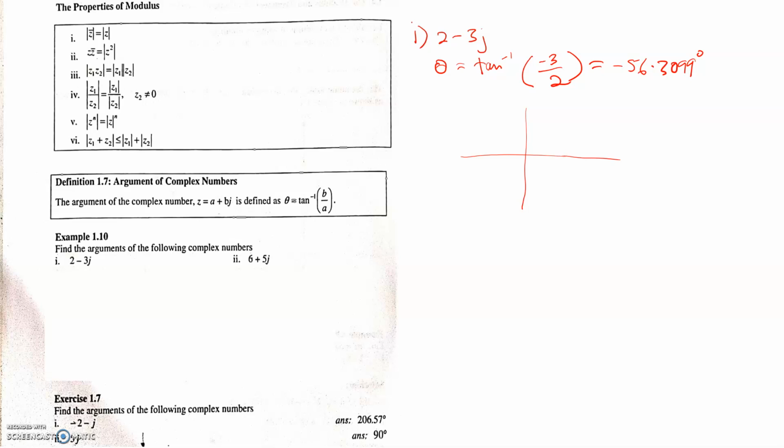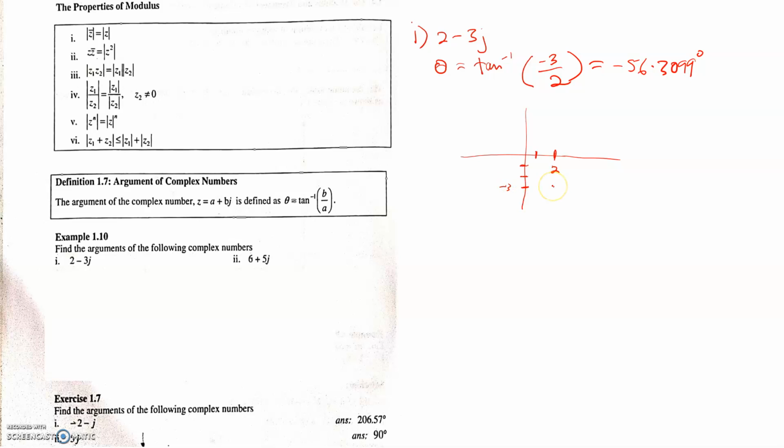So we have a, which is 2, 1, 2. We have b, negative 3. So on the y-axis, negative should be at this area, 1, 2, 3. Negative 3.